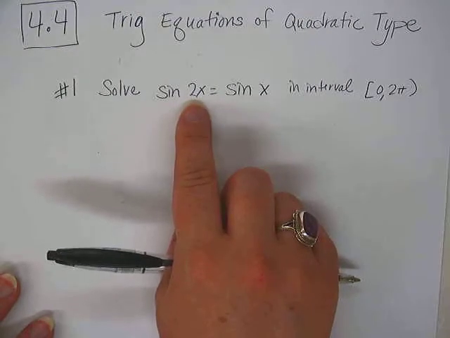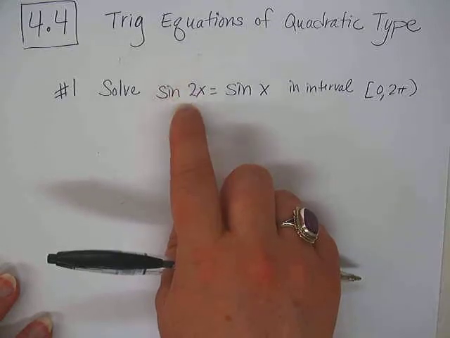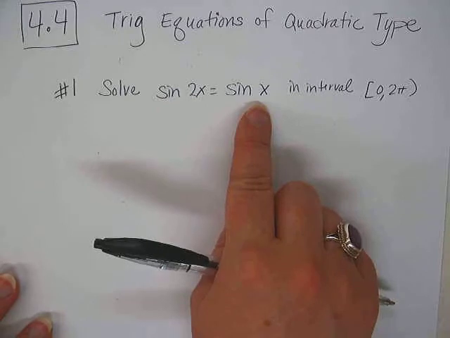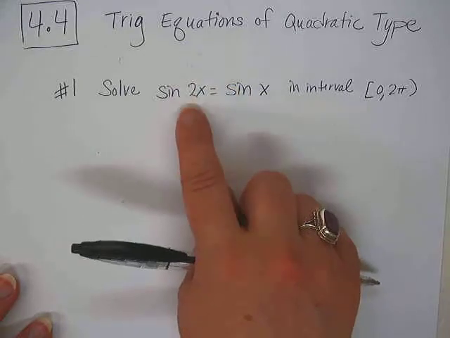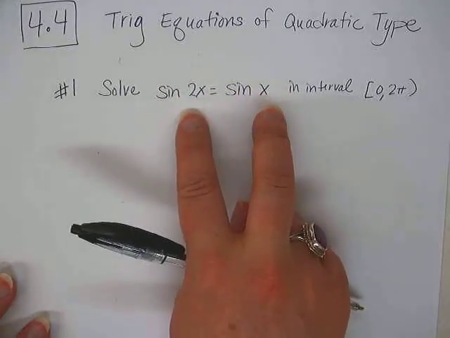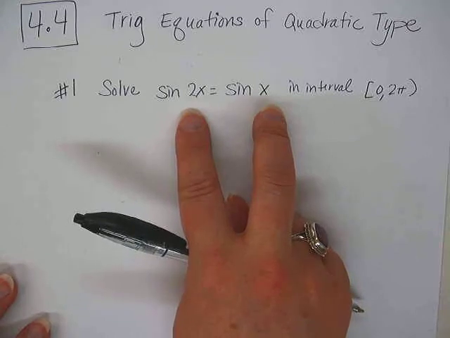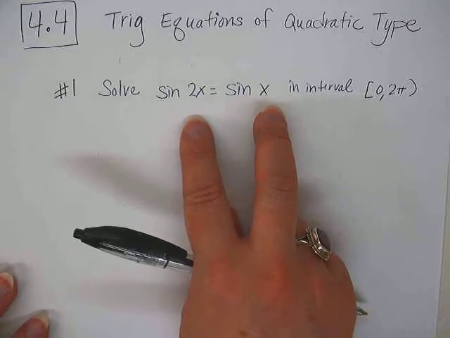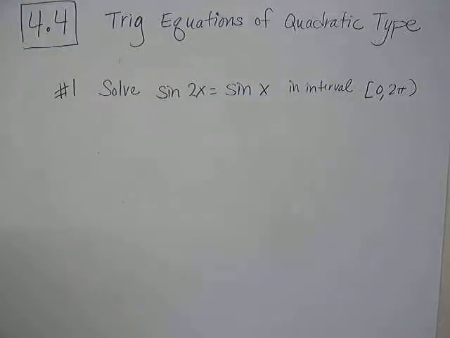Okay, last time we learned about solving angles that have doubles or halves or stuff like that in them. But here's the problem. This problem has two different angles. If you're trying to find the numbers that make sine of an angle a certain number, if you have two different angles, is that going to affect your answer?